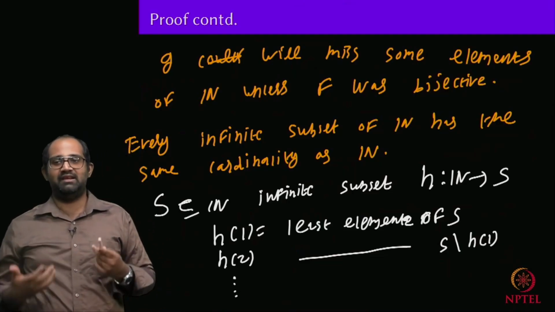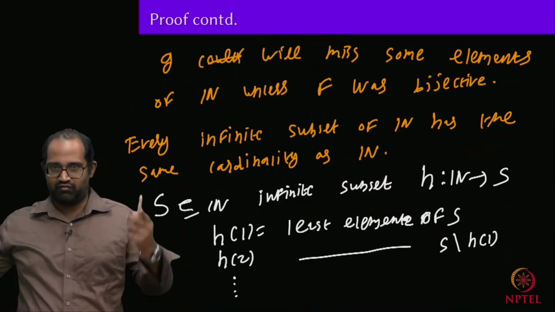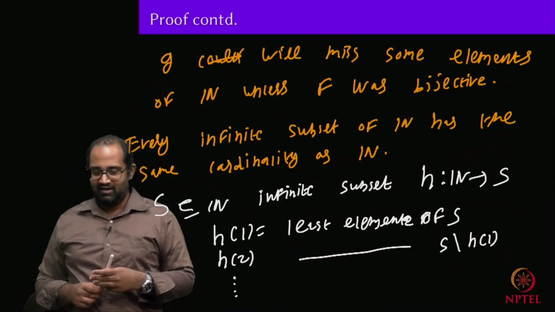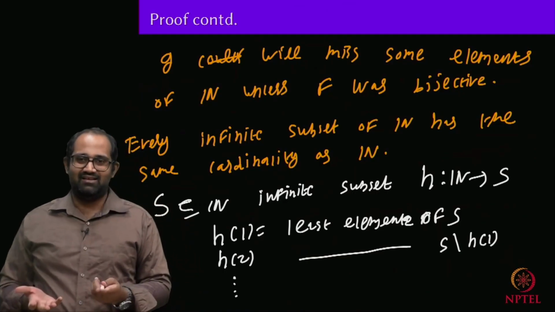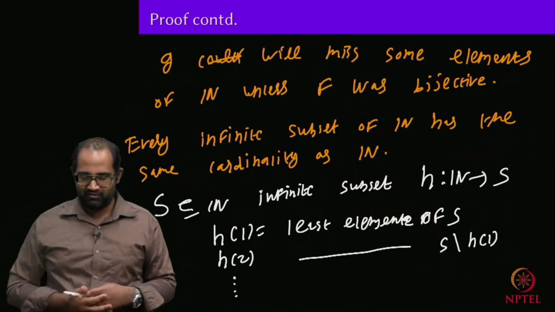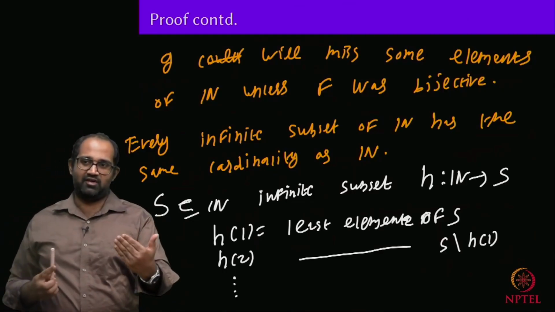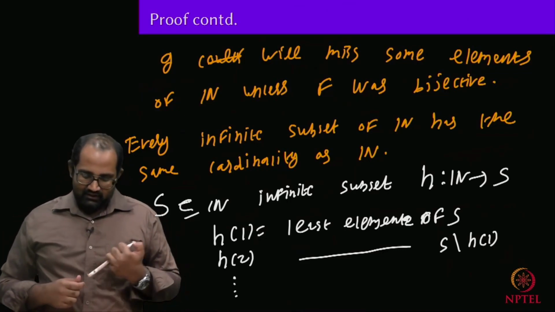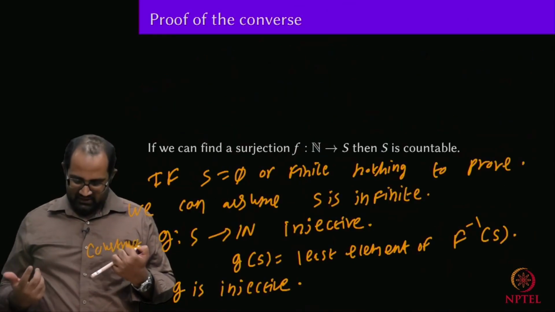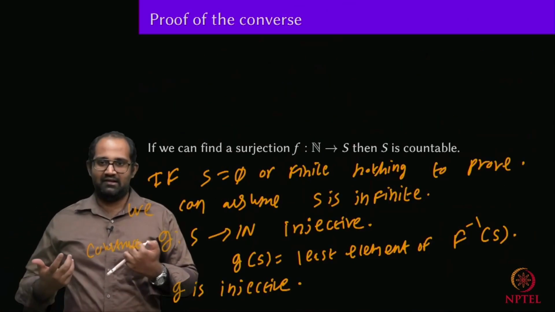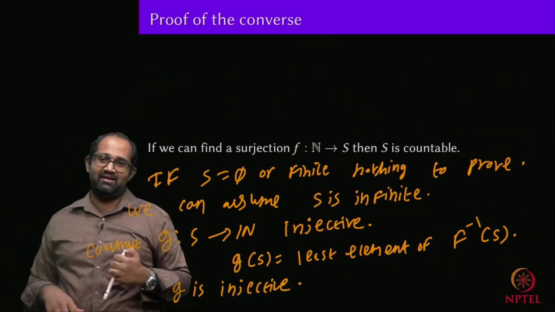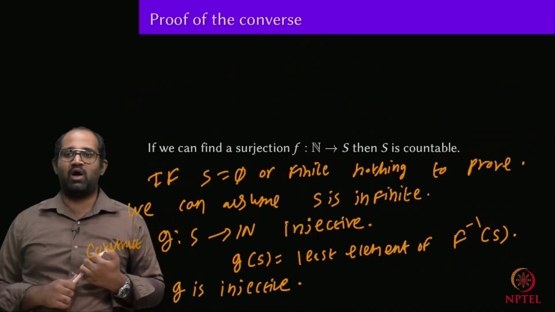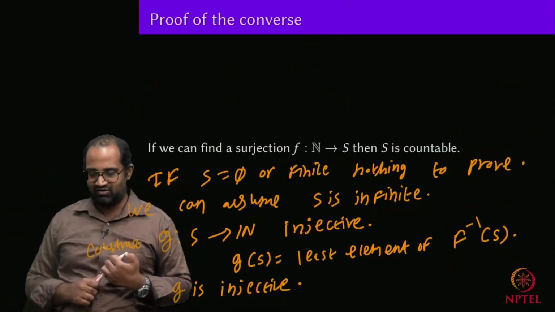I define H of 3 as the least element of S minus the set consisting of H of 1 and H of 2, so on and so forth. Okay. This way you can easily see that H is a bijection. So any infinite subset of the natural numbers has the same cardinality as N. The original map G that we had is bijective to a subset of N, which in turn is bijective to N. So putting all together, you get the required bijection from S to the natural numbers.